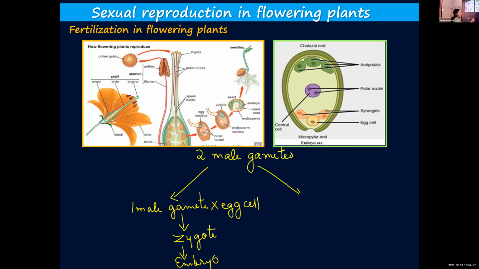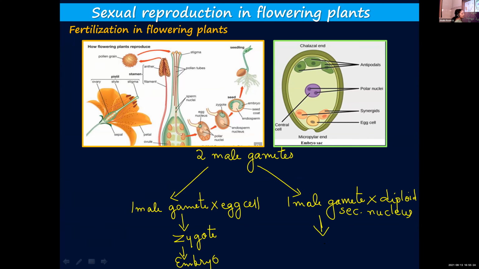Now the other male gamete. 2 are there, no? The second male gamete fuses with what? Diploid secondary nucleus. And what does it form?